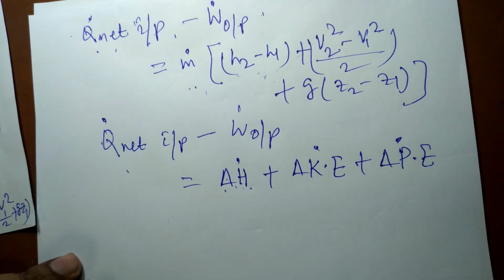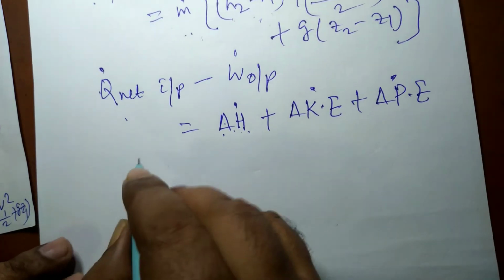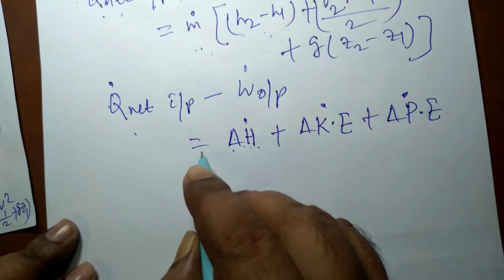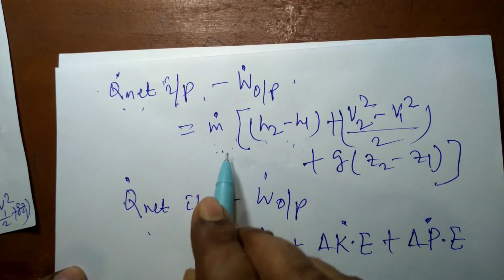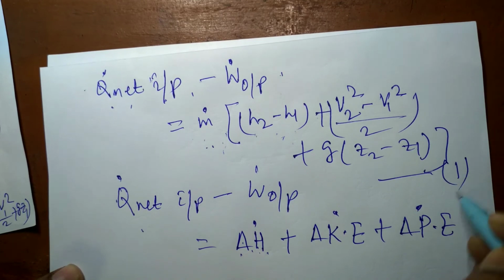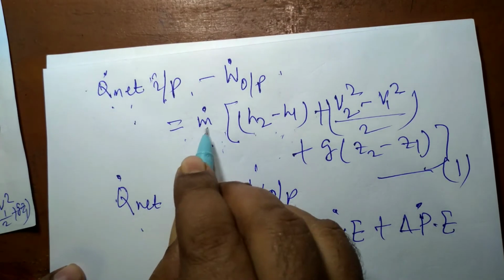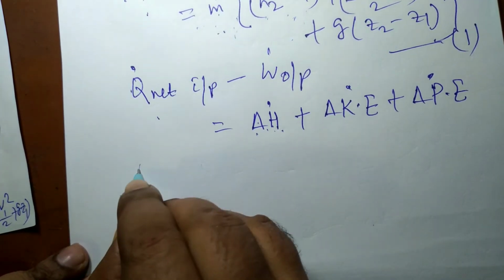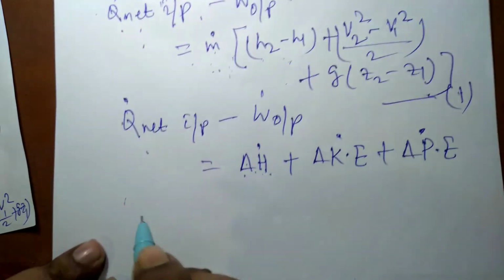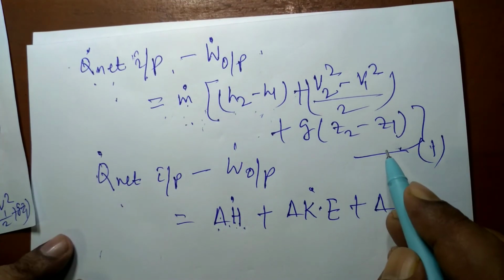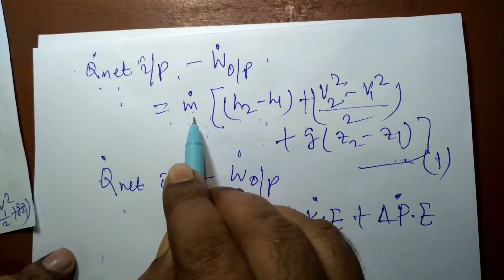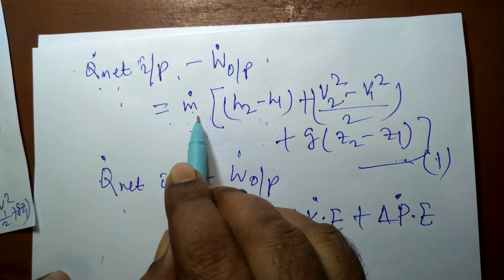Suppose this is equation 1, and if you divide this whole equation by m dot, I will get this equation. If there is a single stream, I can easily divide by m dot, but in case of multiple streams I cannot do so.